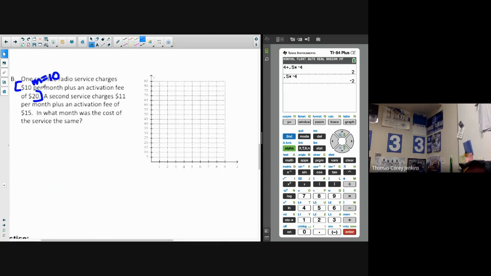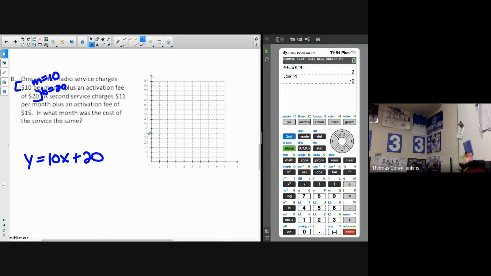B is your one-time fee, so that's going to be 20. So for this one, we will say Y, which will be the cost, equals 10 times X, which is the number of months, plus 20.